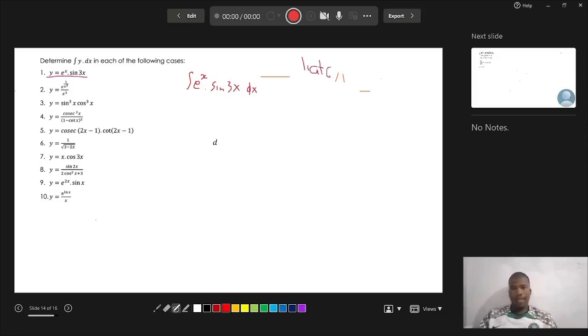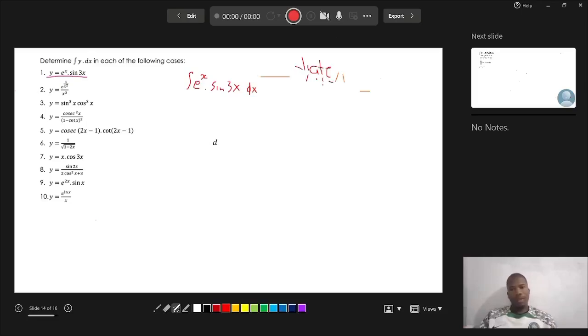We follow LIATE when we are integrating by parts, which deals with logarithms, inverse trigonometric functions, algebraic functions, trig functions, and exponential functions. So now the first thing that we have to check is which one comes first.